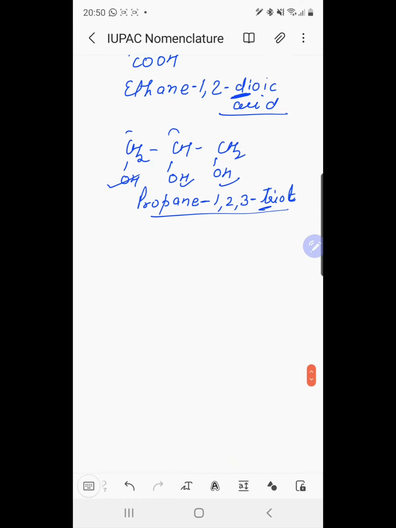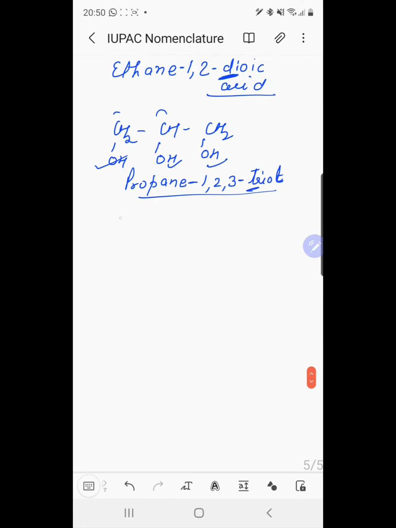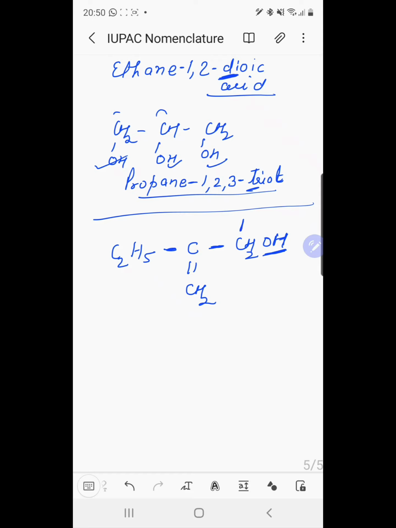So we will also do some practice questions. For example, we have a compound with C2H5, C double bond CH2, CH2OH. Now in this case we have a functional group, and the functional group is given preference over a double or triple bond. So we will start the numbering from this end: 1, 2. Here we would get 3 and 4, but we will give preference to the double bond.